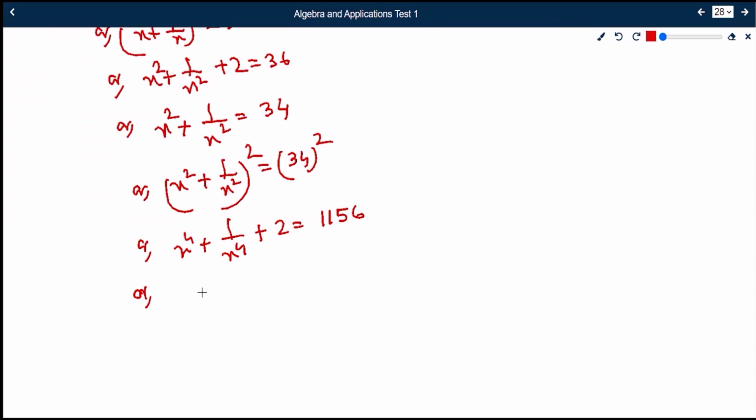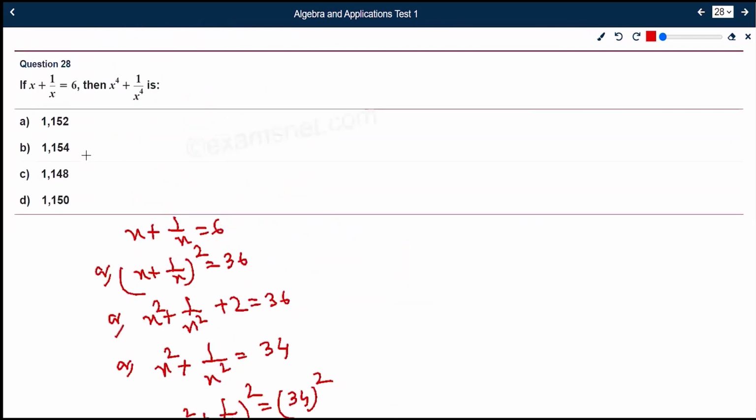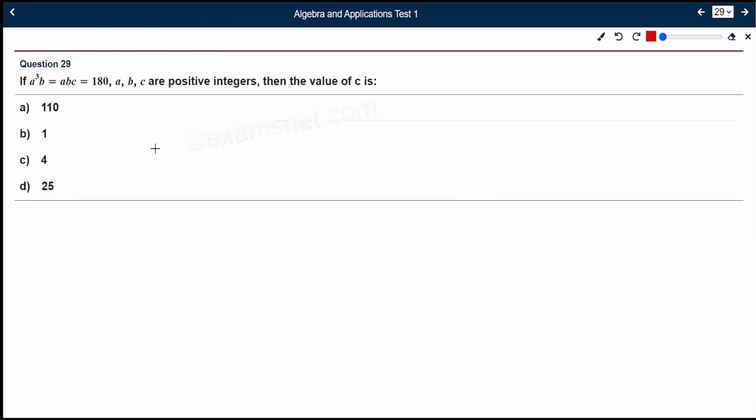Now look here, x to the power 4 plus 1 by x to the power 4 is 1156 minus 2, that becomes 1154. So 1154 is the correct answer. Let's check it here. Yes, option B is the correct one. Now let's move towards the next sum.